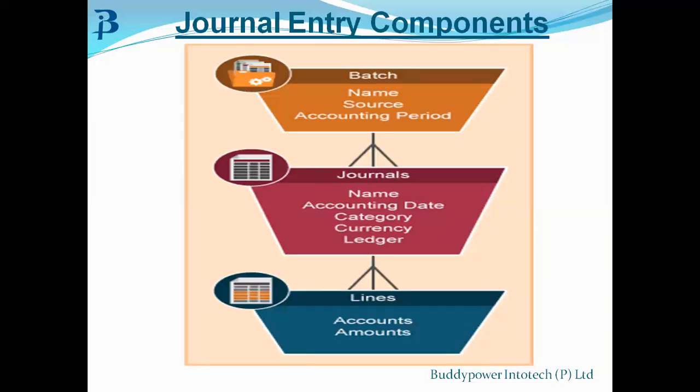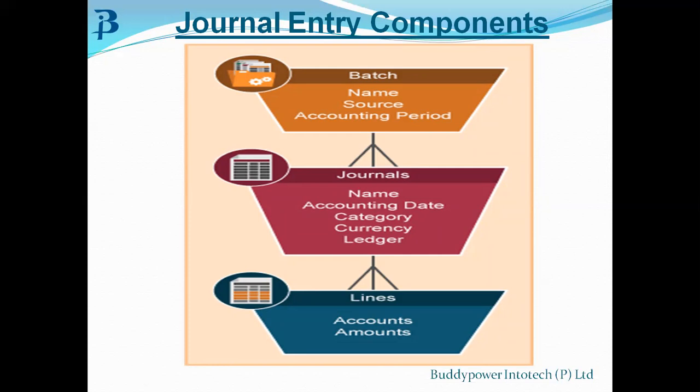A batch can contain multiple journals, each of which can belong to a different ledger. But all of the ledgers within a batch must have the same calendar, period type, and chart of accounts. This is a prerequisite for a batch. So all journal entries in a batch must share the same period.